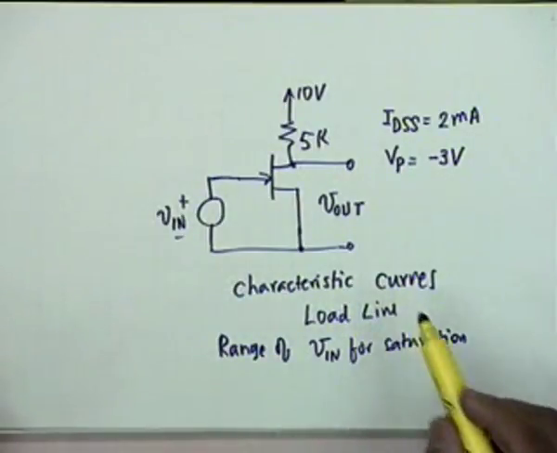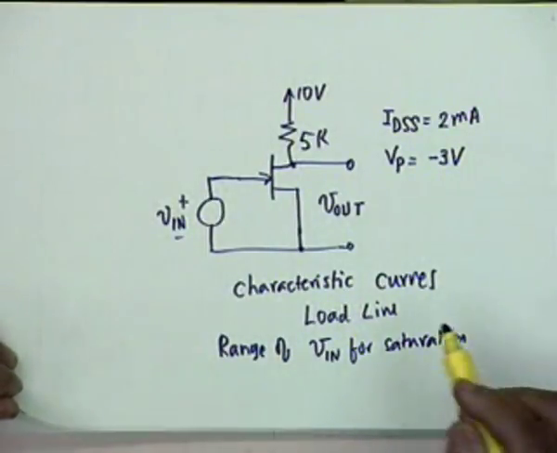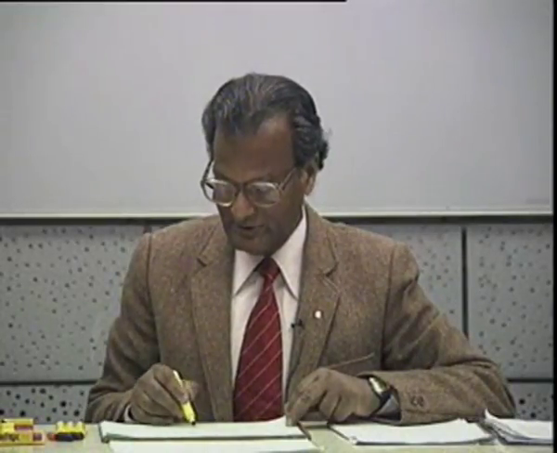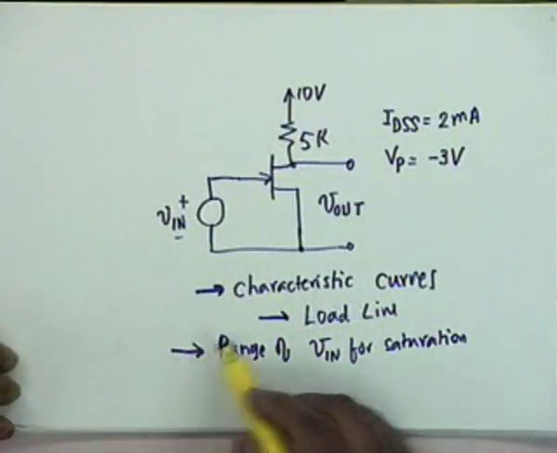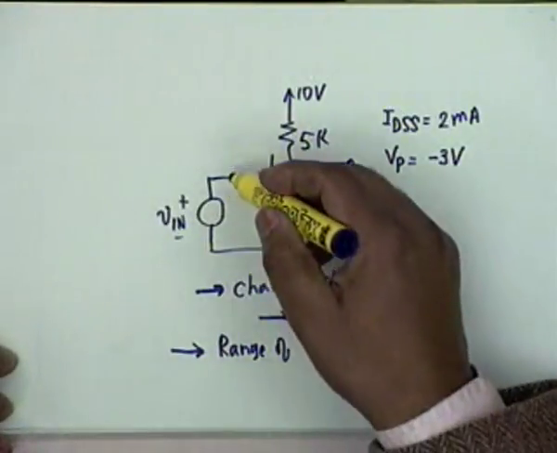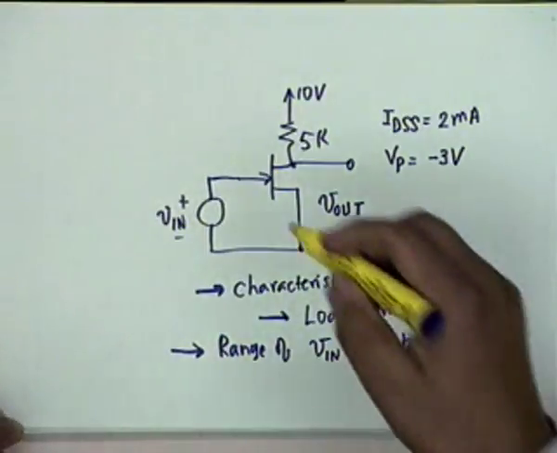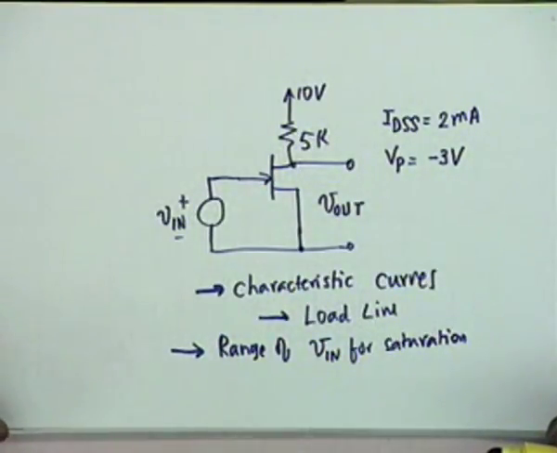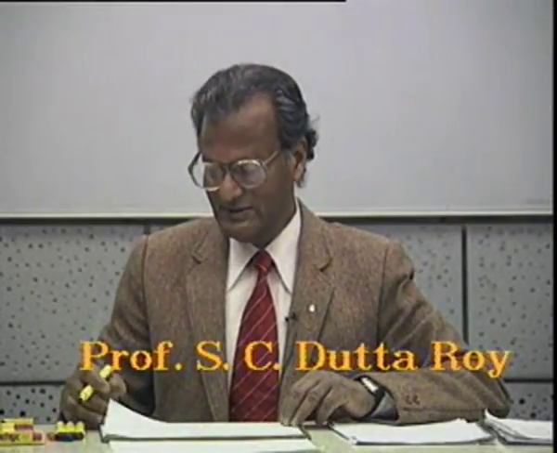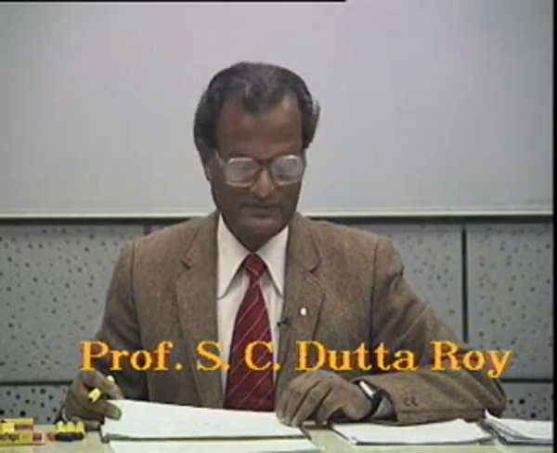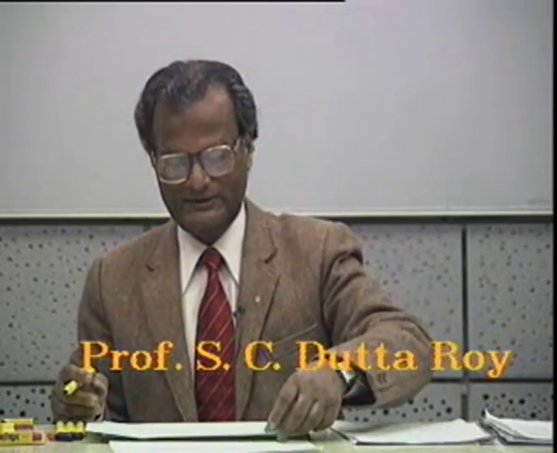You have to draw a set of characteristic curves, draw a load line, and find out the range of input voltage V in for saturation. Note that V in is the same as VGS. So basically it is required to find out the range of VGS for saturation to occur.